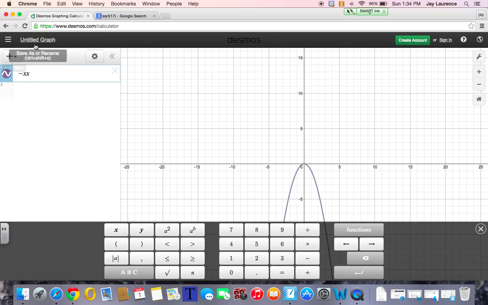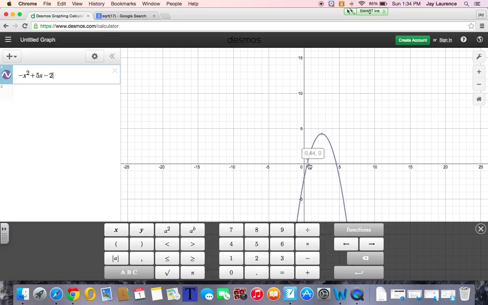It gave me a parabola because xx would be x times x, which is x squared. Yeah, it's pretty cool. Negative x squared, and I think I said a plus 5x, then minus 2. All right, and so look at that, 0.44, 4.56, and 2.5, 4.25, just like we said.